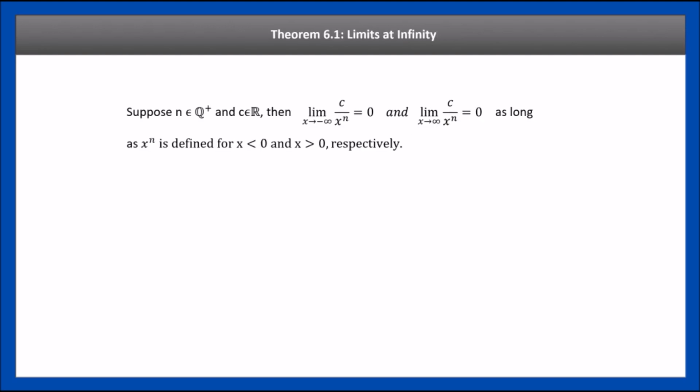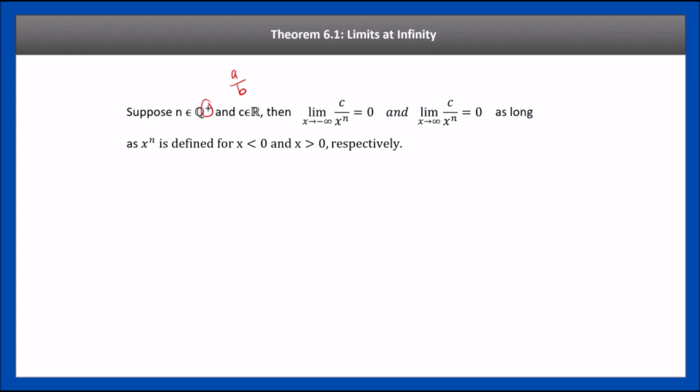All right, so here's the theorem for limit at infinity. Suppose n is an element of the positive rational numbers. You see this plus here means we're dealing with rational numbers, namely, numbers that can be written in the form a over b, such as fractions, etc. But they have to be positive rational numbers here. And suppose that c is an element of the set of real numbers.